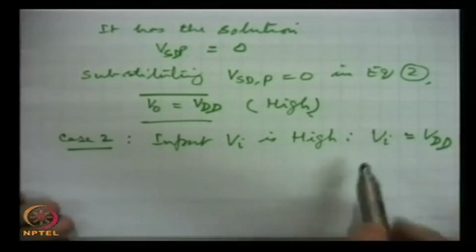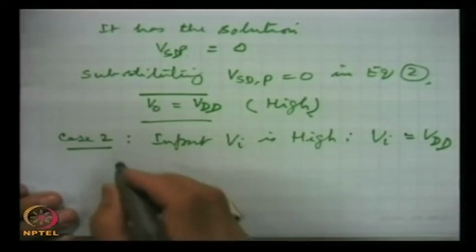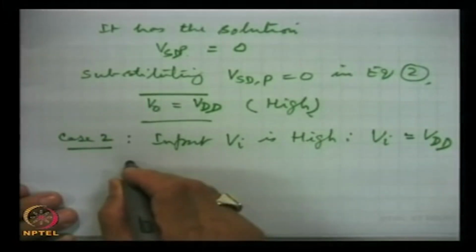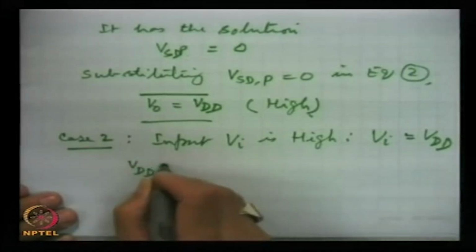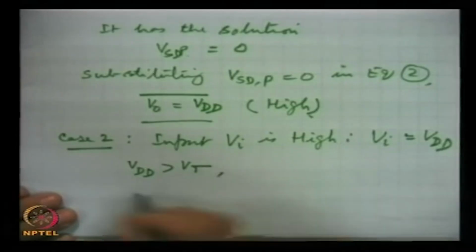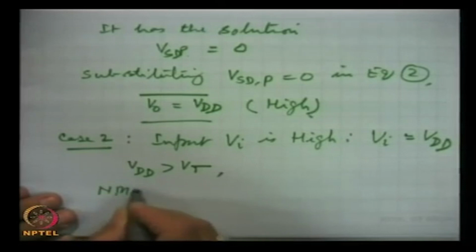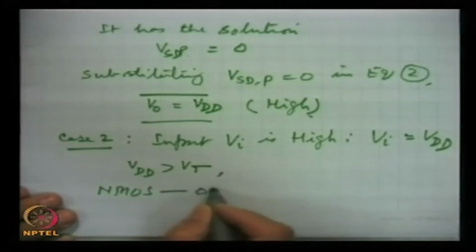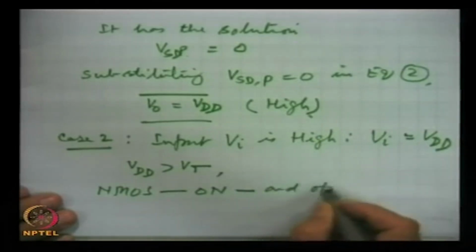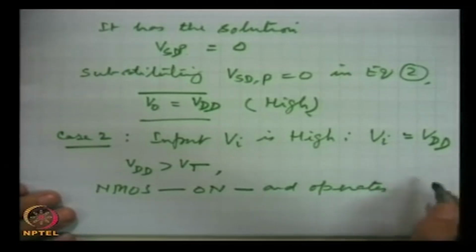So, under this condition, when VI is VDD, and VDD is greater than VT, in this case NMOS will be on and it operates in the linear ohmic region.